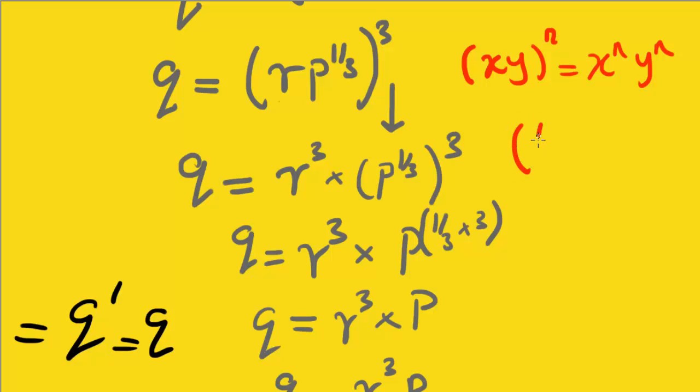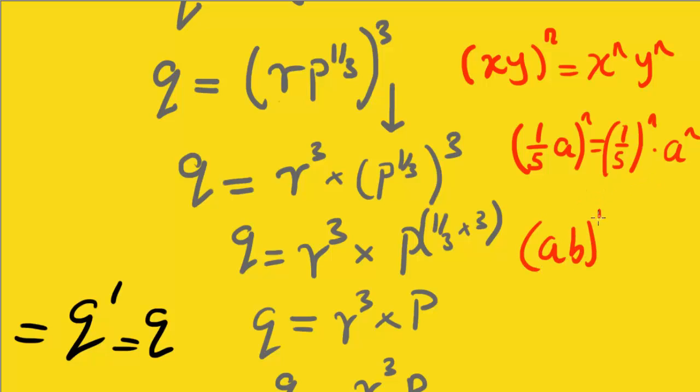You had 1 over 5a to the n. It will also be 1 over 5 to the n times a to the n. So regardless of what you have, you just raise each term to the power outside. So you just need to remember this and apply this. That's what I did here.